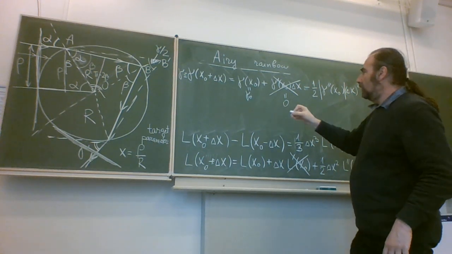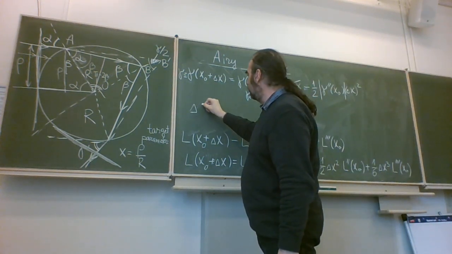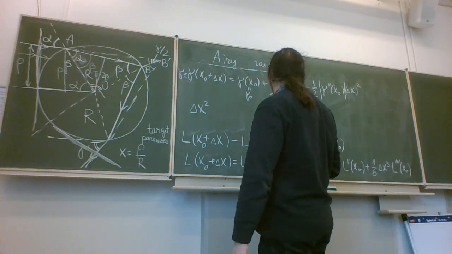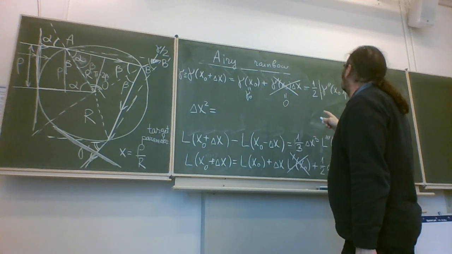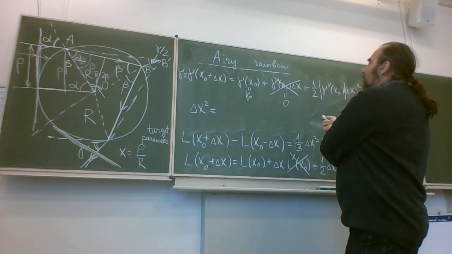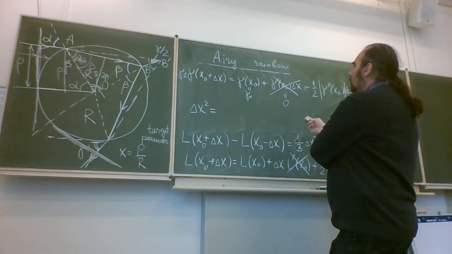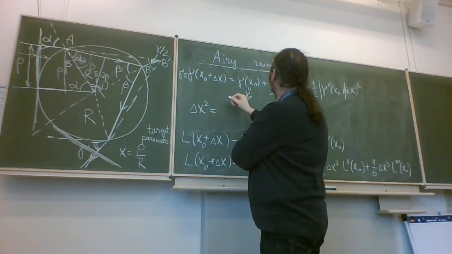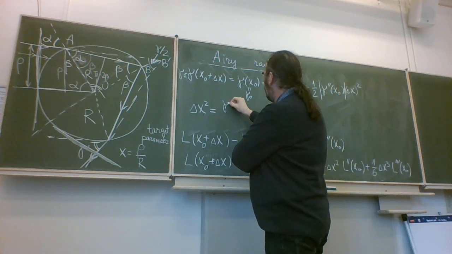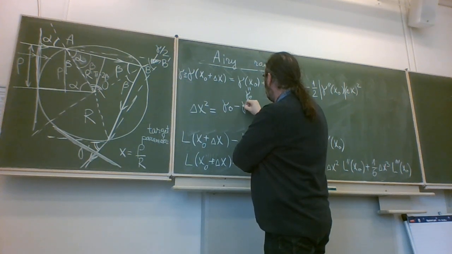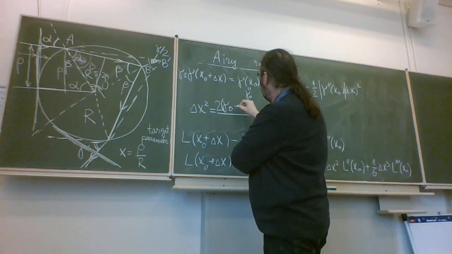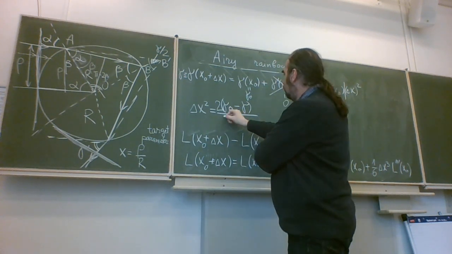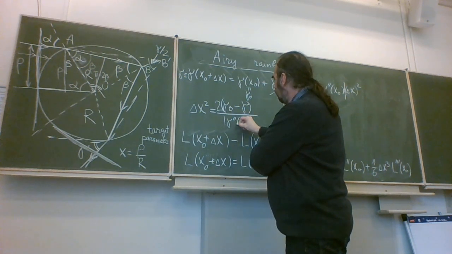And then I can relate my delta x, so I get delta x squared is, let's see, gamma naught minus gamma, which is a positive quantity, times 2 divided by the second derivative.